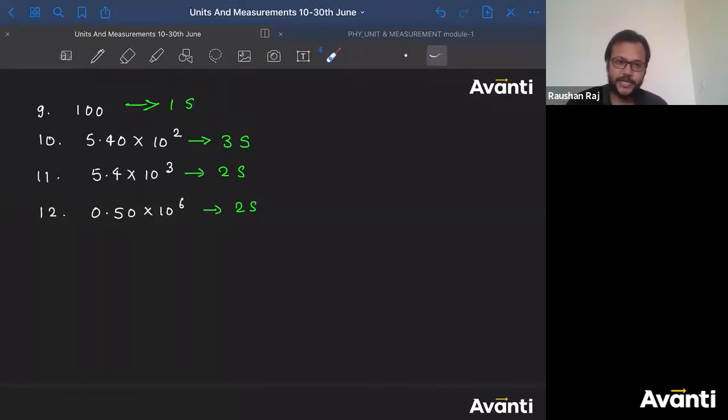Okay, Shreya, what is your problem in 12th question? Like the same thing I'm doing, bacha. 5 is a non-zero, so this is one significant digit. 0 is what? A trailing zero, so significant. This is a leading zero, so non-significant. So two significant digits.